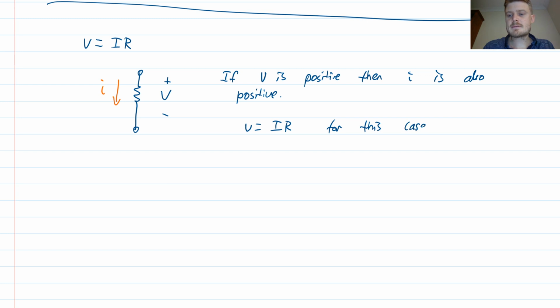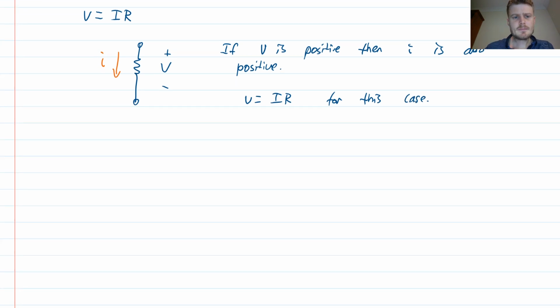However, if I had drawn my currents in a different way around, so let's say I had voltage here, but whoever labeled the circuit diagram labeled it with the current going in the other direction. So here you've got to think to yourself, okay, this is a little bit strange.